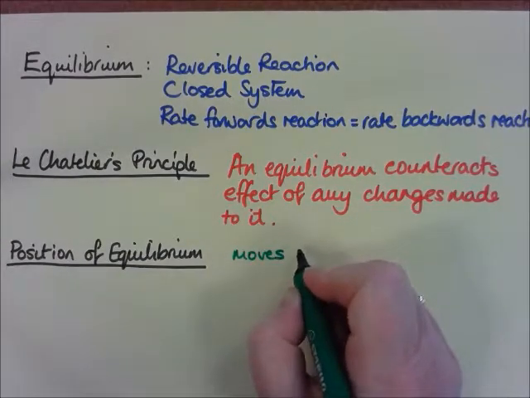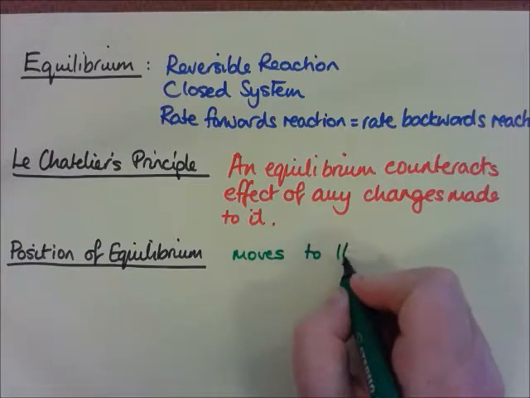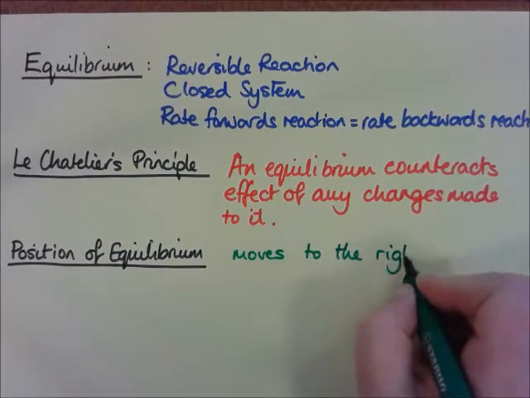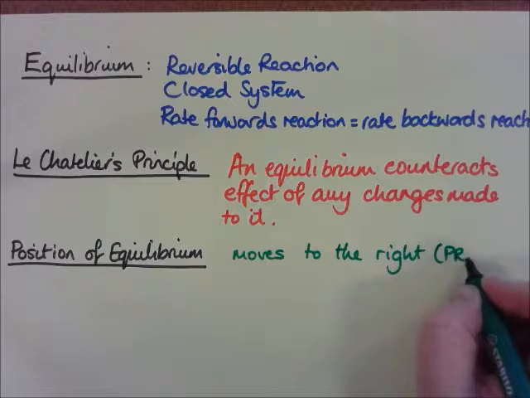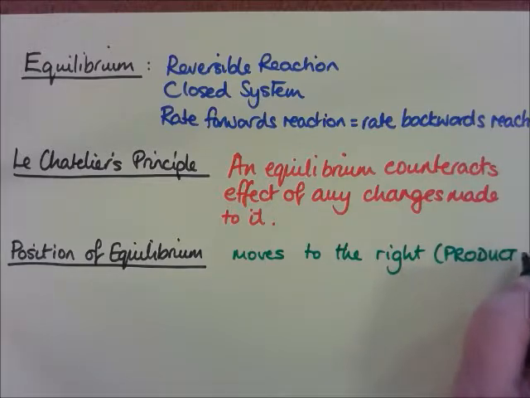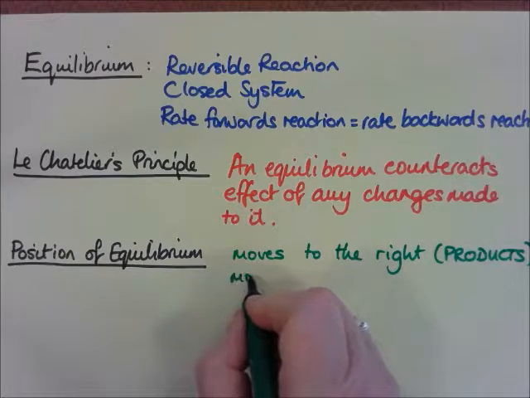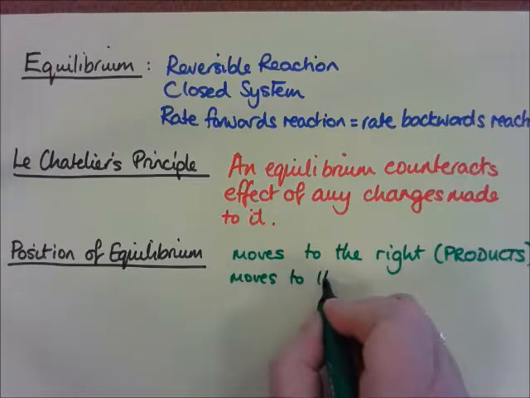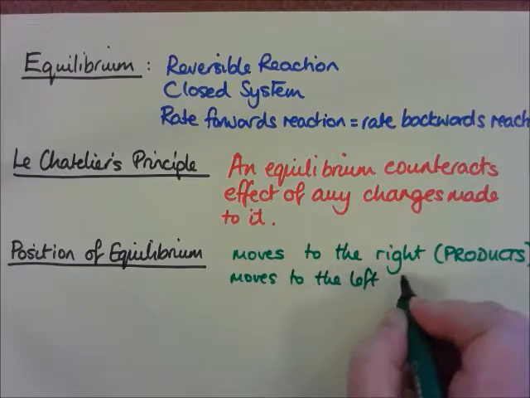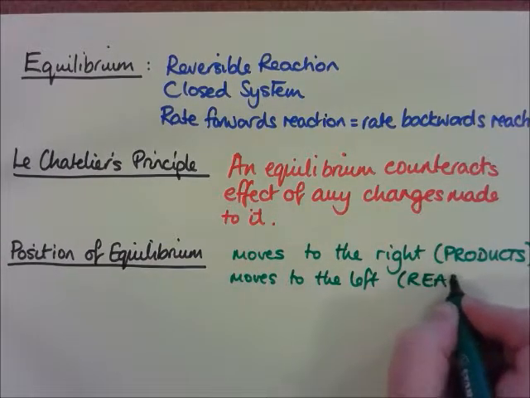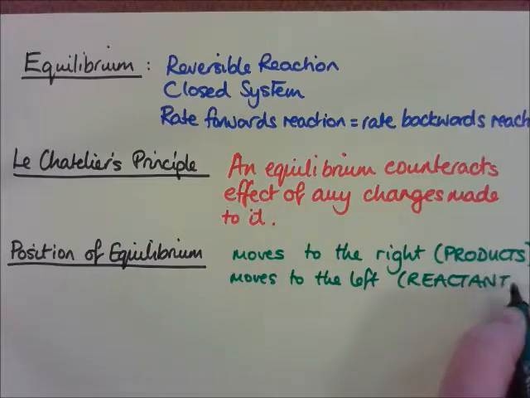And we refer to that as moves to the right if it is making more products, or moves to the left if it's making more reactants. And which way it will go will be dependent on the change that is made to it.